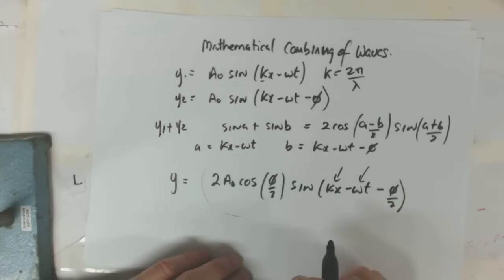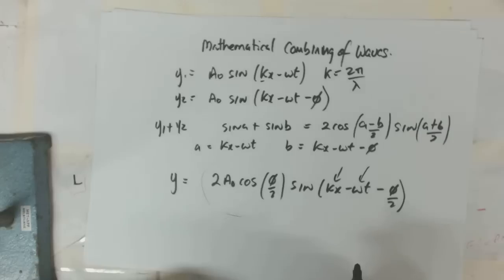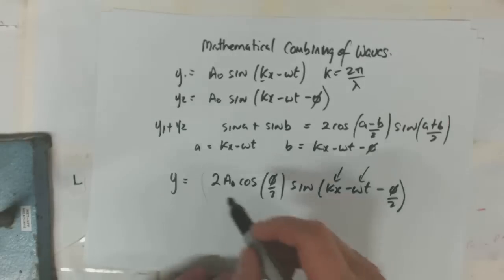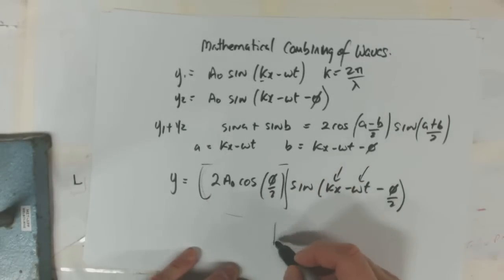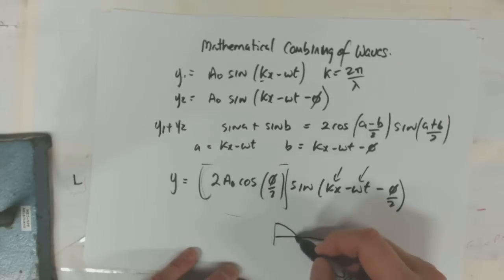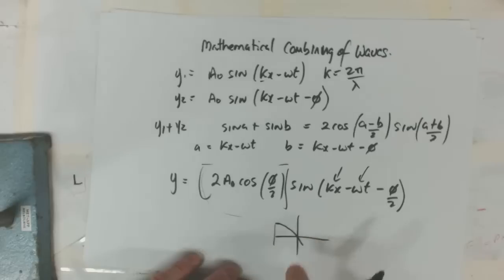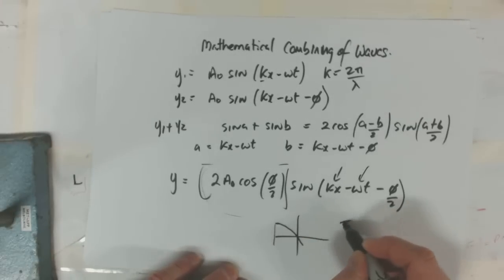Now if we've got a phase difference of pi, which is half a wavelength, then we can see what's going to happen. Let's look at this end for a start. If we look at the cos graph, the cos graph basically goes like that, from 0 to 90 degrees. Now what happens to a cos when it becomes 90? And 90 in radians is pi over 2.